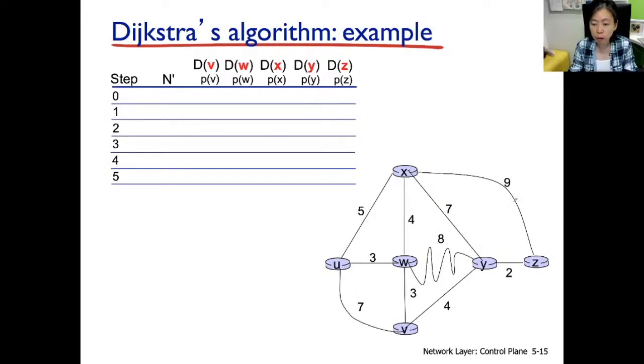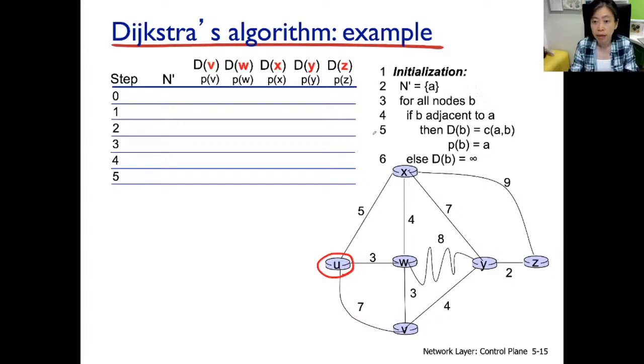In the example, again, we have 6 routers and there are links. Each link comes with a cost. Let's assume u is the source and Dijkstra is going to do the computation starting from u. Now the initialization phase says let's include the source into N prime. Therefore, we see u appearing in N prime.